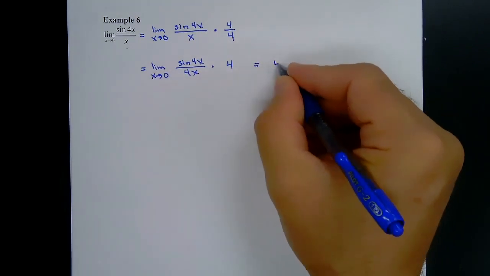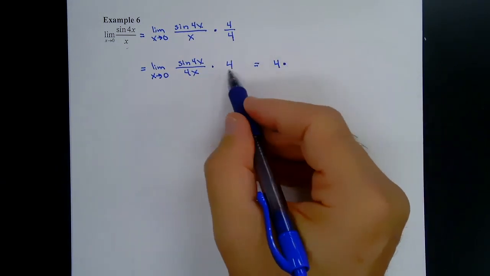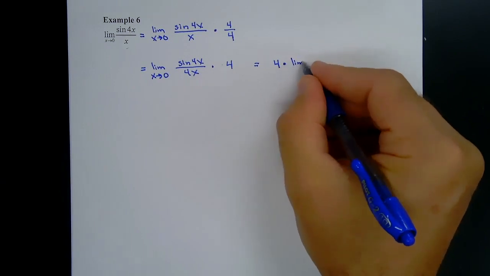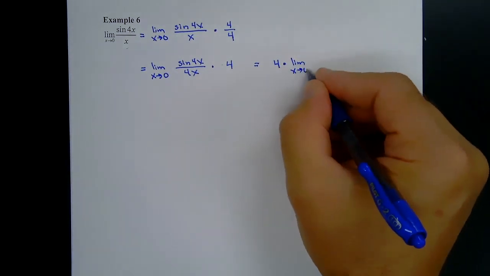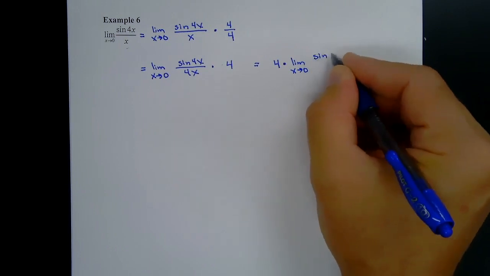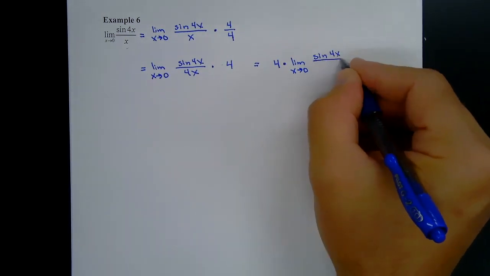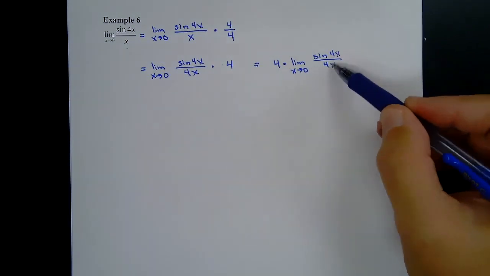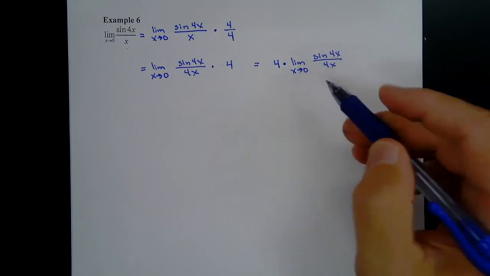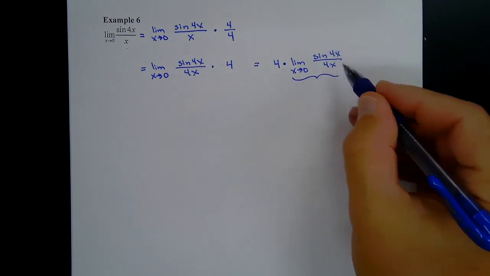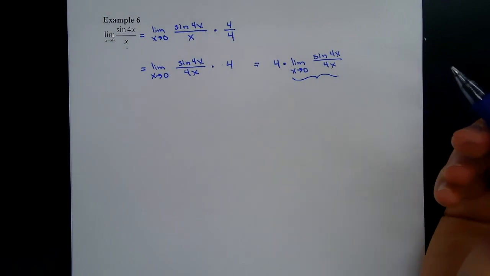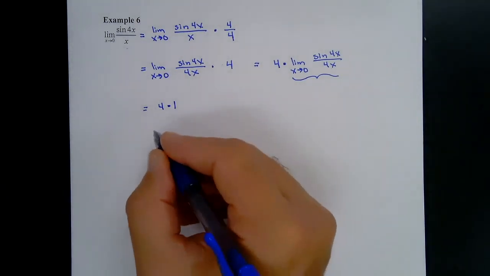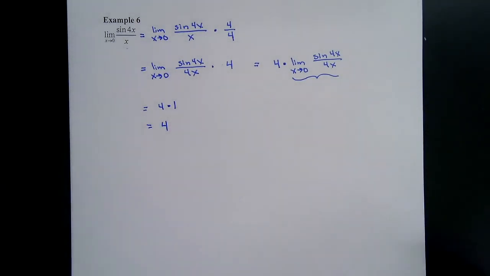So this is the same as 4 times, now if there was an x here, we couldn't do this, it'd be 4 times the limit as x approaches 0 of sine of 4x over 4x. So again, it's not that these both have to be x, they have to be the same thing. And so this turns out to be just like it would if it was sine x over x. It would come out to be 1. So this turns out to be 4 times 1, and 4 times 1 is 4.